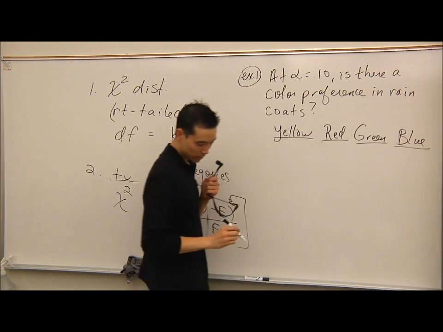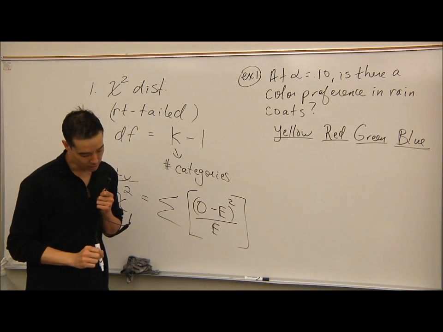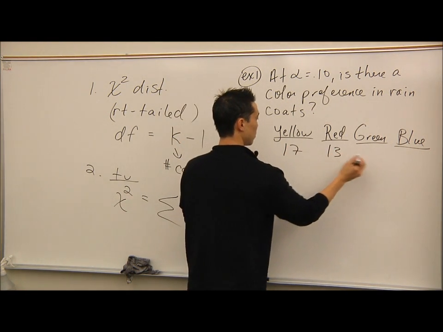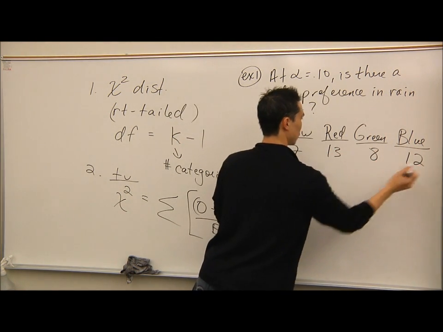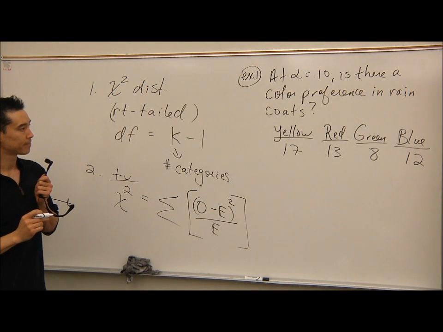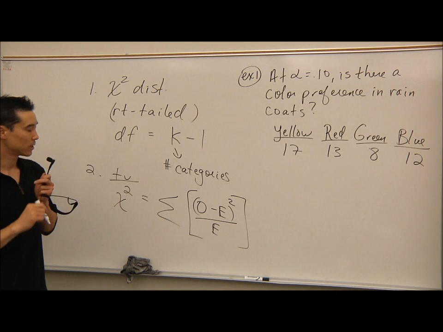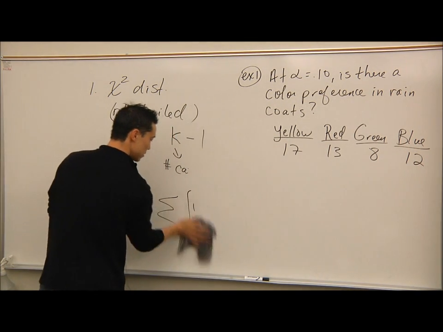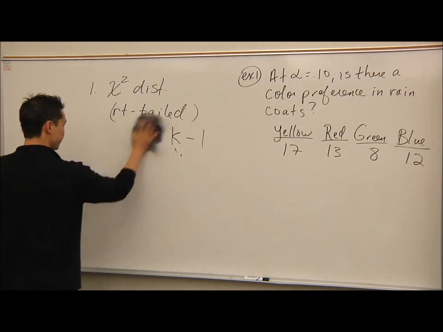There were 50 raincoats sold, and this is the distribution: 17, 13, 8, and 12. Okay, so let's start this test. This is a goodness of fit test.